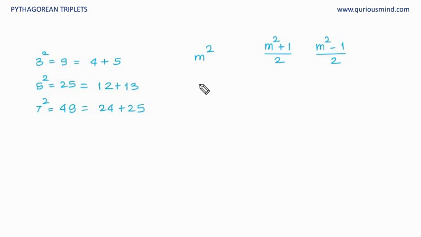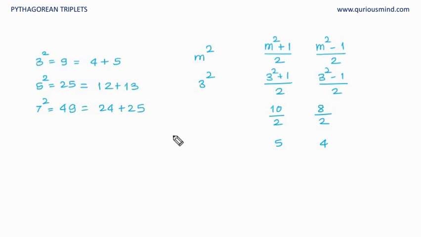So for example, if we wanted 3 square, these numbers would be 3 square plus 1 upon 2 and 3 square minus 1 upon 2, which was 10 upon 2 and 8 upon 2, and that's 5 and 4.